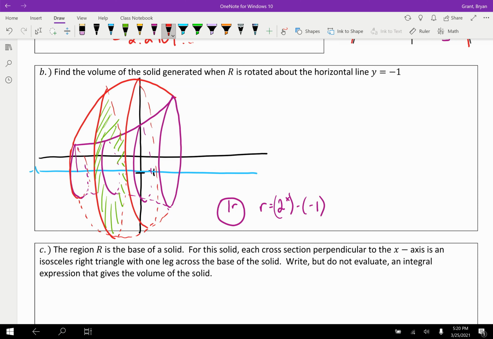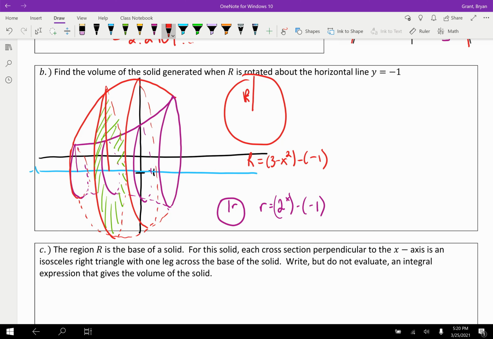Okay, this red circle, we're again going to do top minus bottom. If you wanted to look at the radius, it is this guy right here. I'll use a capital R, that's the larger radius, and my larger radius then is going to be 3 minus x squared minus -1.